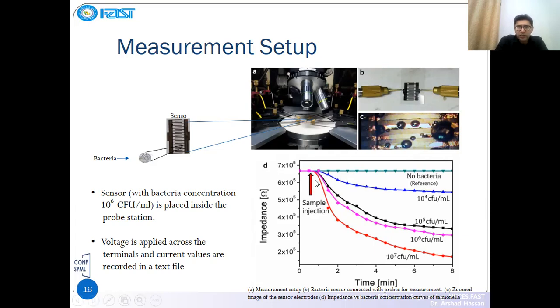Actually, you can see we have injected the sample here, and the impedance varies along time. When we injected the sample on the surface, the bacteria interact with the Ag nanowires and make an electrical connection, and the impedance varies. So after 8 minutes, the impedance is stable. That's why we took the value after 8 minutes to make stable readings.